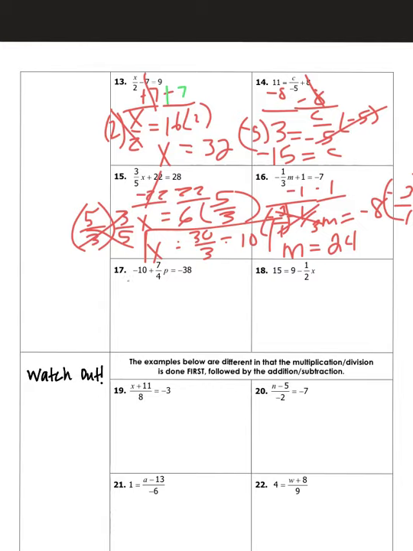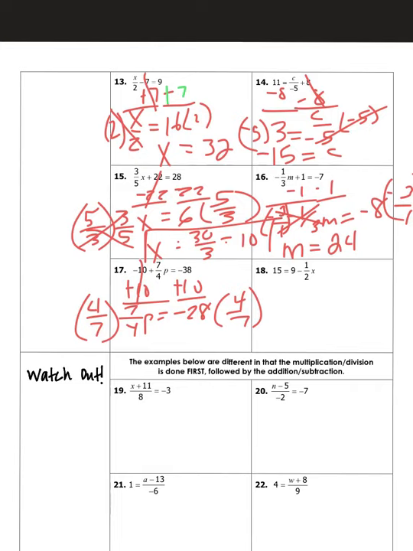All right, add 10 to both sides. Cancels out. Negative 38 plus 10 is negative 28. Equals 7/4 p. And to get rid of 7/4, we're going to multiply by the reciprocal, 4/7.